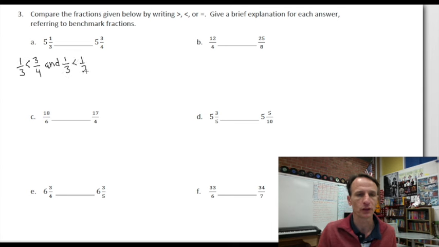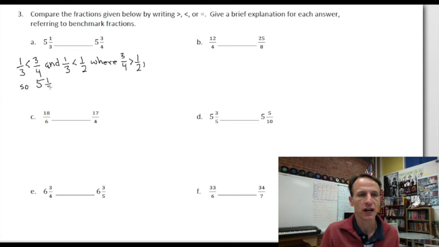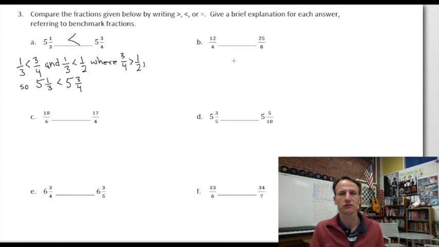So 1/3 is less than 1/2, whereas 3/4 is greater than 1/2. So 5 1/3 is clearly less than 5 3/4. And see, I used the mathematical symbols and such there. So 5 1/3 is less than 5 3/4.